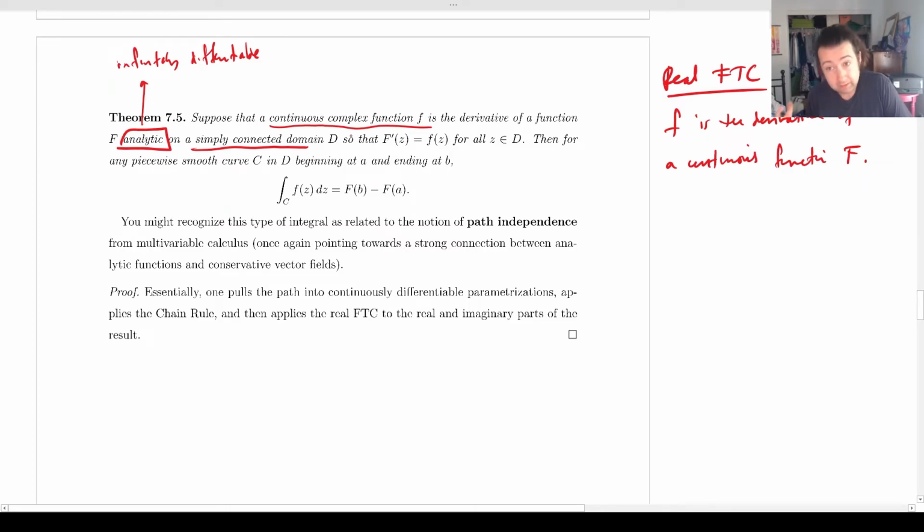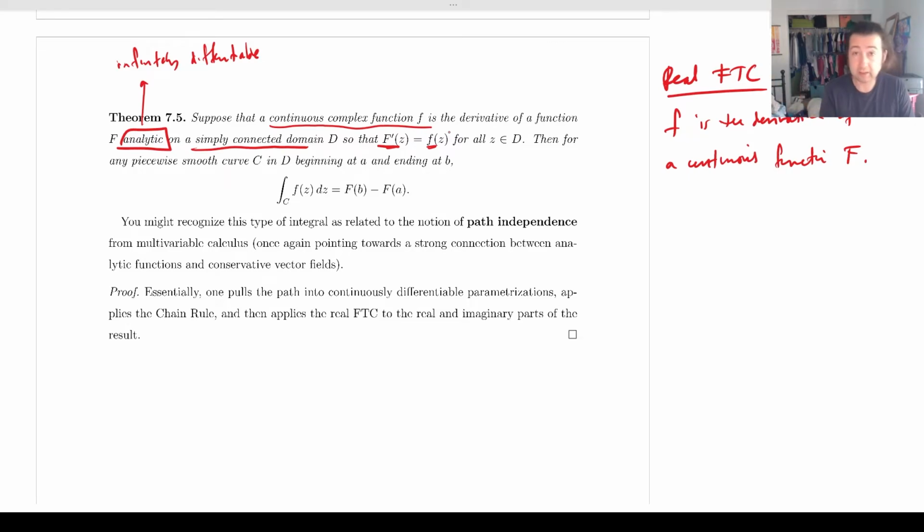And then the idea is that if we have a function that is the derivative of an analytic function, and so that means we have capital F prime of z is equal to little f of z for all z in this domain, then any contour integral that we set up inside here can be evaluated just on the endpoints, just like the real theorem says. So the idea is, if we have a continuous function that is the derivative of an analytic function, and the domain they're defined on is simply connected, so no holes inside of it, then you can not even bother with parametrization.